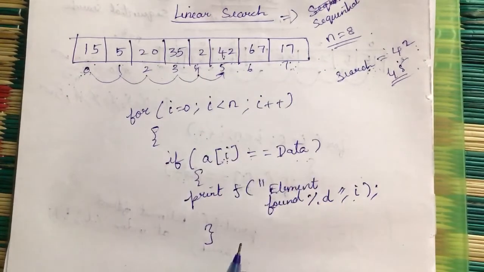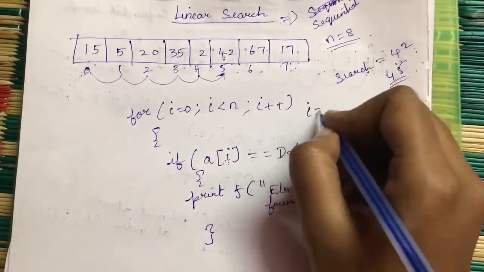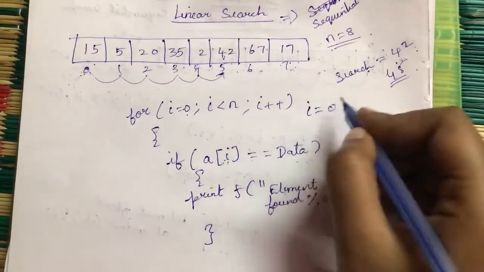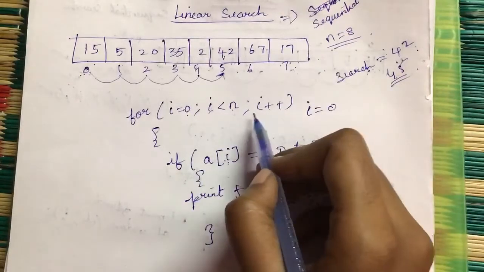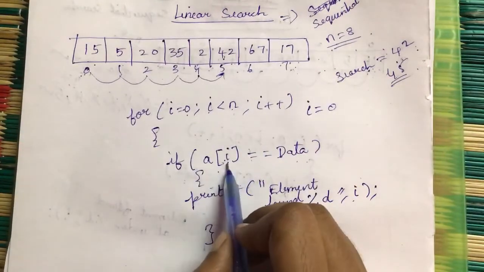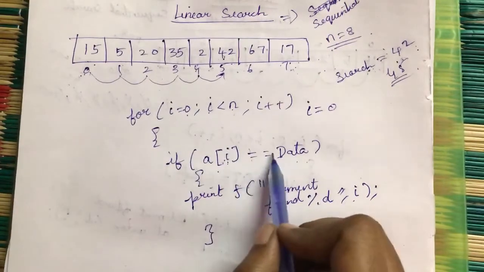So we will see the working of this, and we have to make some changes in this code also. Now I take the value of i as 0. 0 less than n, which is 8. If this condition is true, we enter the loop. If a of 0 is equal to data.